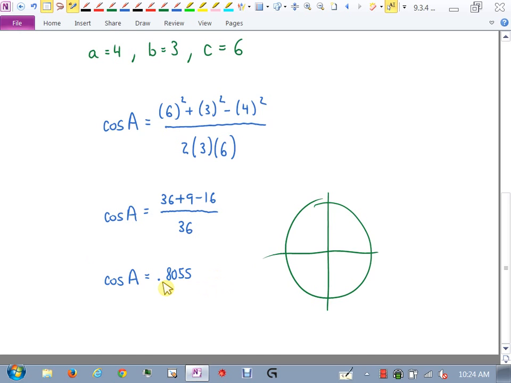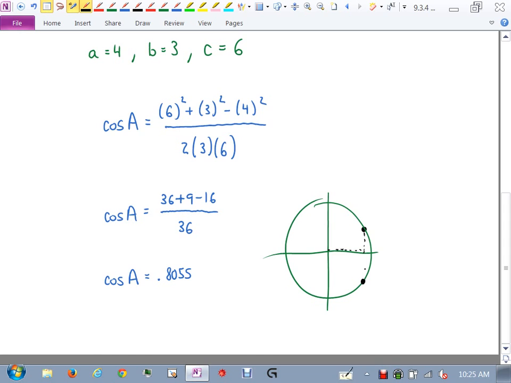It's the x-coordinate. The x-coordinate must be 0.8, somewhere around here. So this distance on the x-axis is about 0.8. Do you agree? Where else could it be? 0.8 in which quadrant? Fourth quadrant, right? Which would be down here.